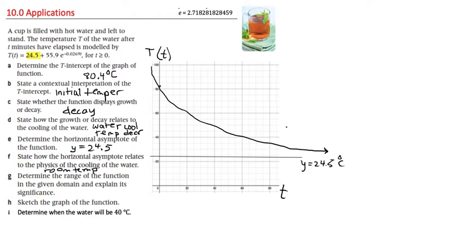Okay, so determine the range of the function in the given domain. Okay, what's our range? Well, we know that our smallest temperature is 24.5, that it's technically never quite reaching. And then we know that the hottest that it was, 80.4.